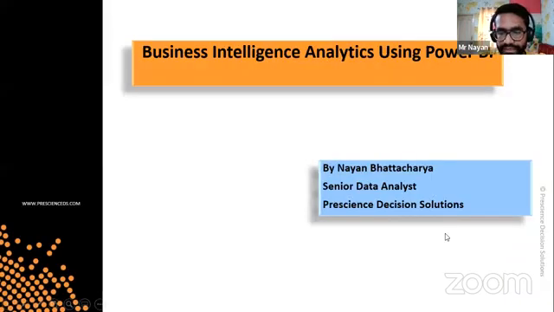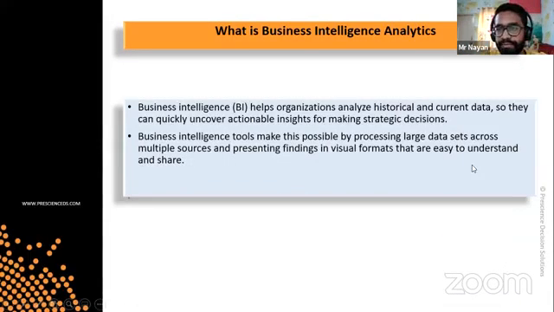Now, we need to understand what business intelligence analytics actually is. It helps organizations analyze current and historical data so that they can quickly uncover insights from the presently available data. It means: what data is available with the organization, what impact can happen, what is happening right now, and what can be done.